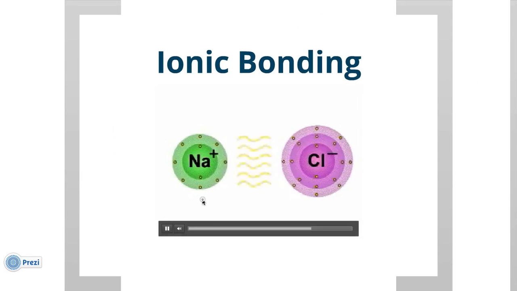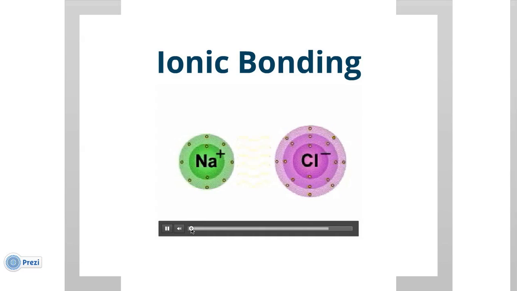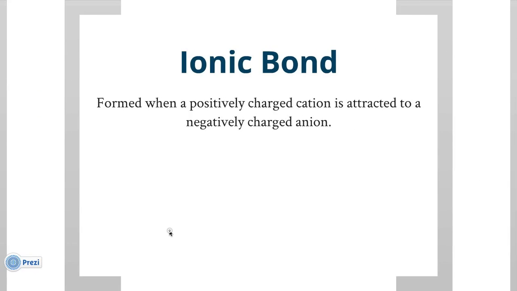Depending upon their surroundings, the opposite charged ions may attract each other, thus forming an ionic bond. An ionic bond is formed when a positively charged cation is attracted to a negatively charged anion.